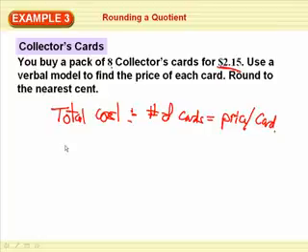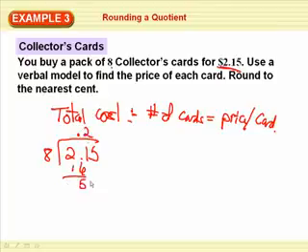Okay, so the total cost is $2.15, and we need to divide that by the number of cards you got, 8. 8 goes into 21 2 times, which is 16. 8 goes into 55, ooh, almost 7, 6 times, which is 48. Okay. Subtract, that's going to be 7.